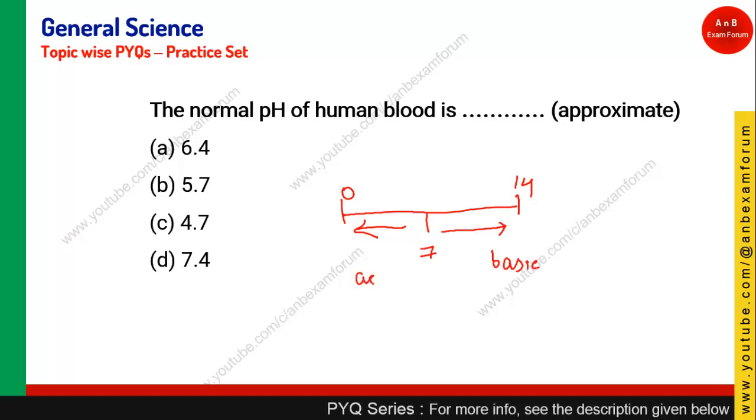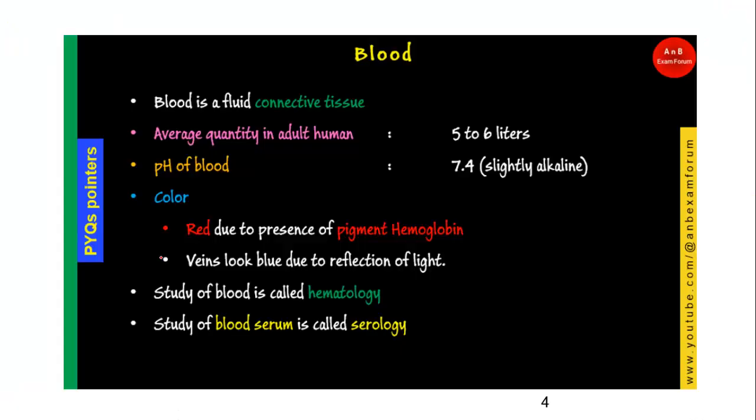So I am saying the blood is slightly alkaline, meaning it is going to be closer to 7. Out of these options, 7.4 is the normal pH of human blood. So those who have given option D, they are right.